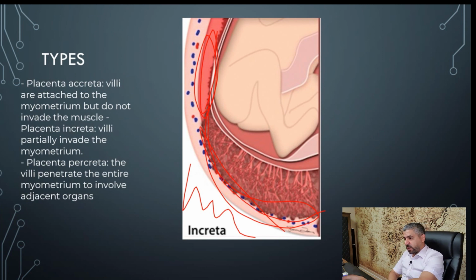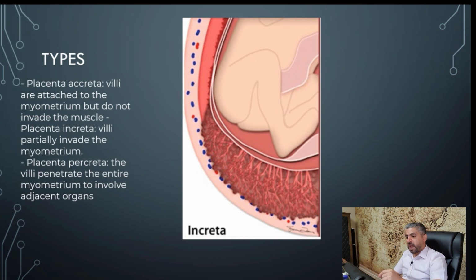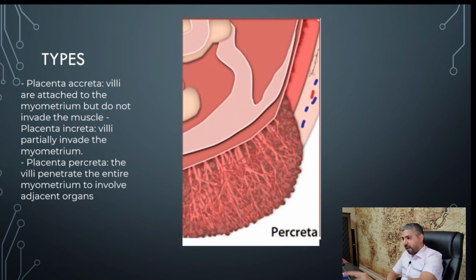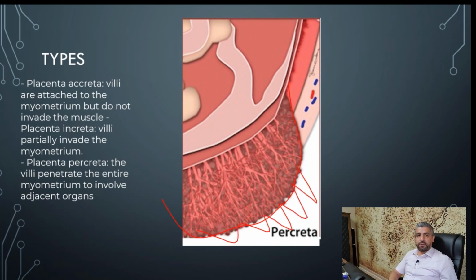Now, the most severe form is the placenta percreta, in which the villi have invaded the entire myometrium and now they are extending to the surrounding soft tissues. This is placenta percreta, okay? So these are the three types that form the placenta accreta spectrum.